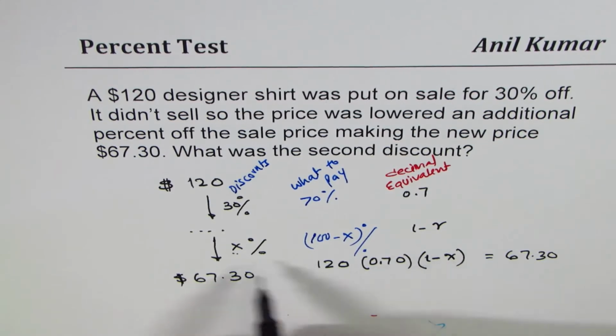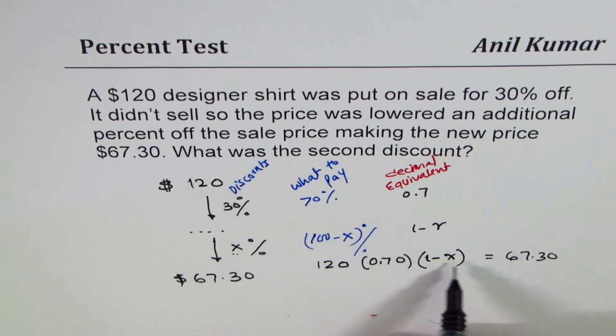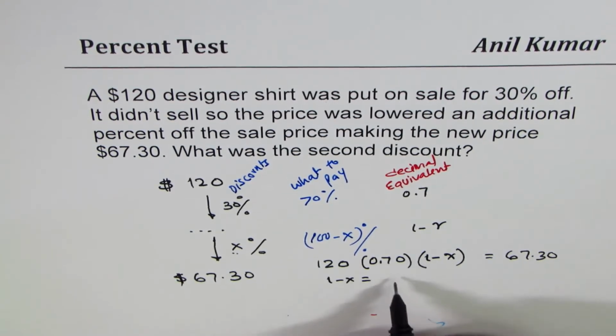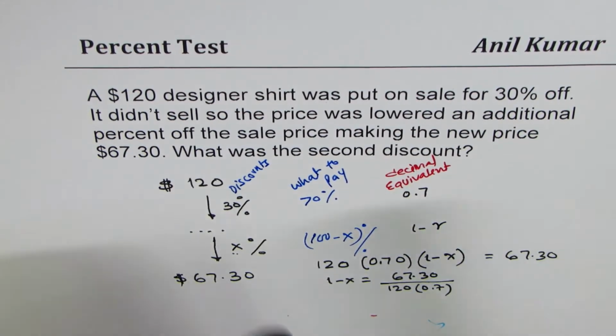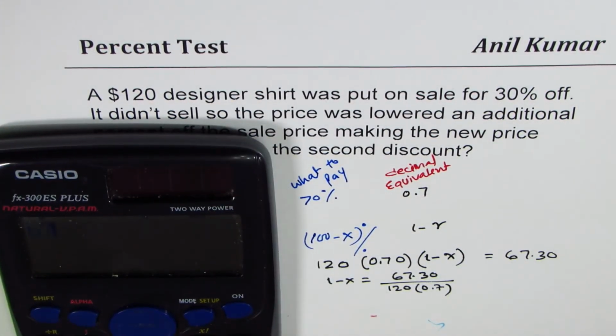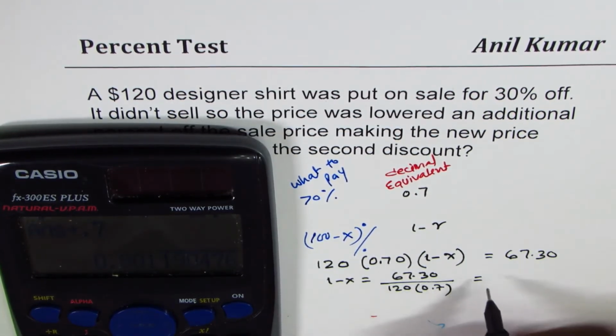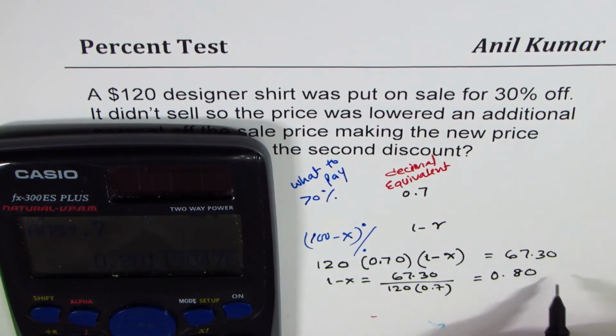This is what the equation is. The only variable here is the percent discount, which we can find. Do you see that? So 1 minus X is equal to 67.30 divided by 120 times 0.7. So let's calculate this. We have 67.3 divided by 120, divided by 0.7, and that gives you, in decimal, around 0.80.